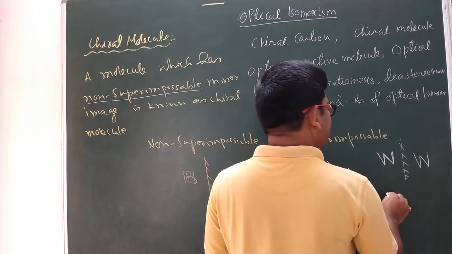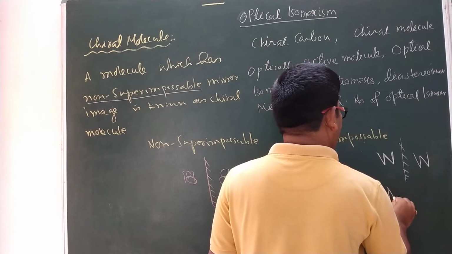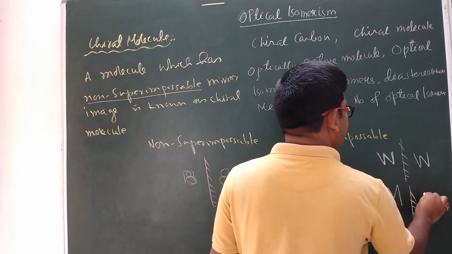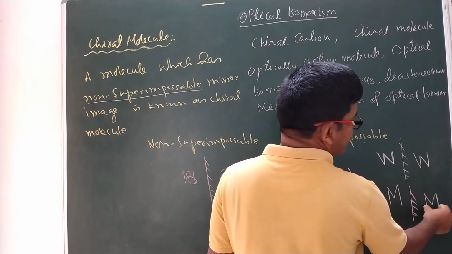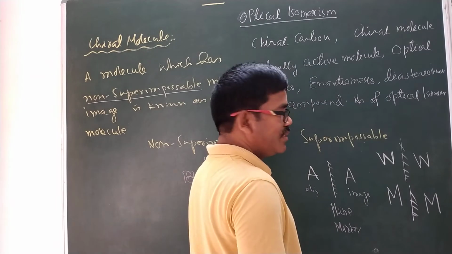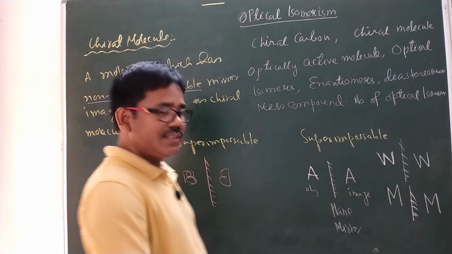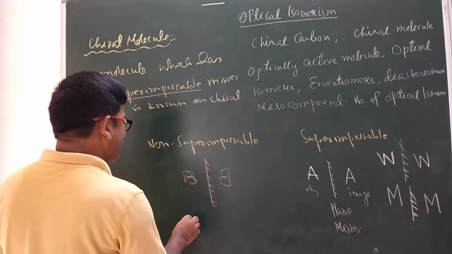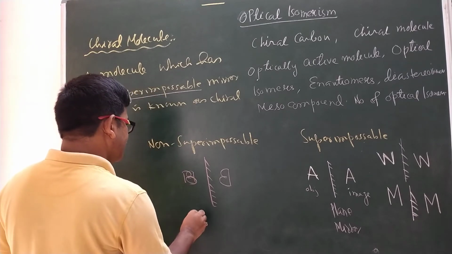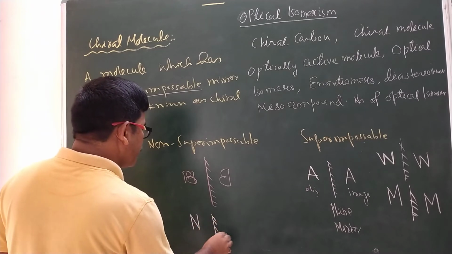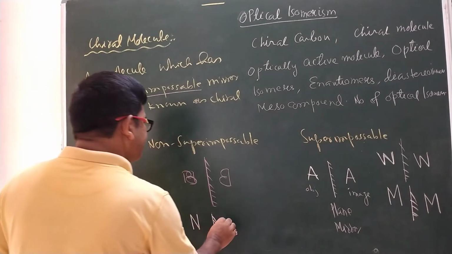Suppose I take M, this is the plane mirror, this is the image. Take out this image and try to paste on the object, it will be the same. This is called superimposable. But if I take the example of N, this is the plane mirror, the image will be like that.